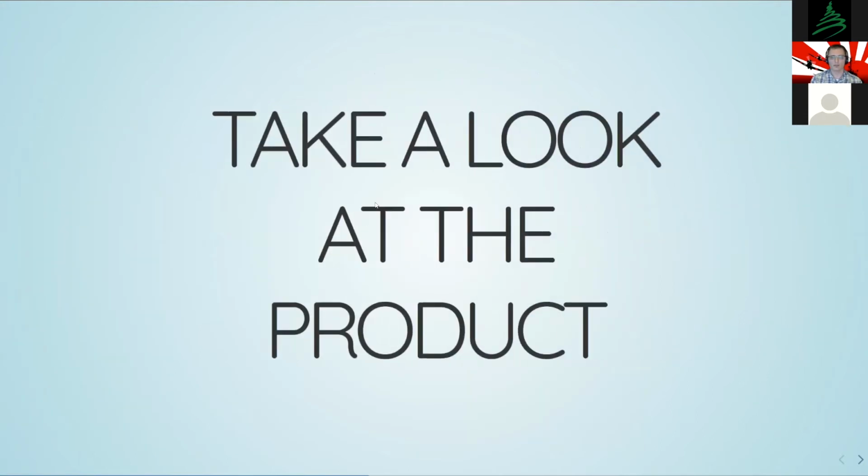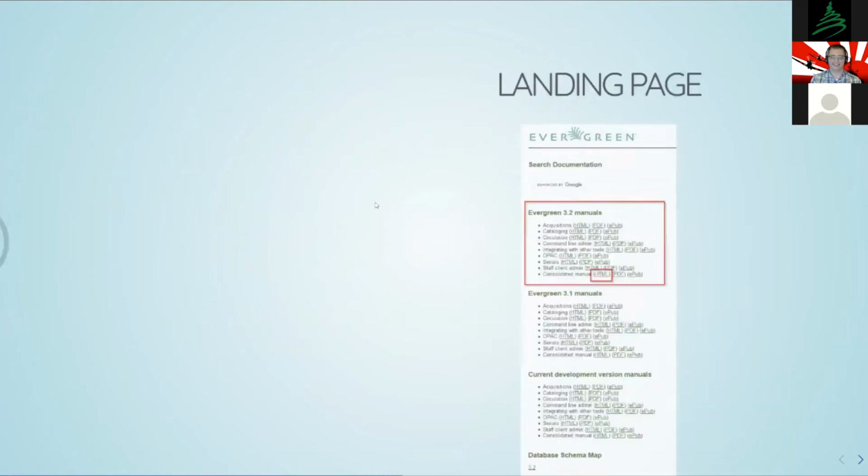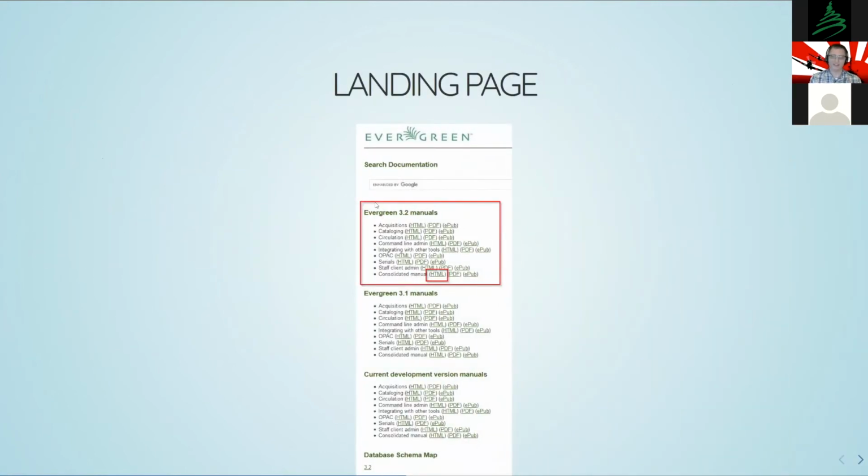So let's take a look at the product of our documentation as it is today, the old current way. Here's our landing page. When you go to evergreen-ils.org and you click on documentation, this is where you'll end up.